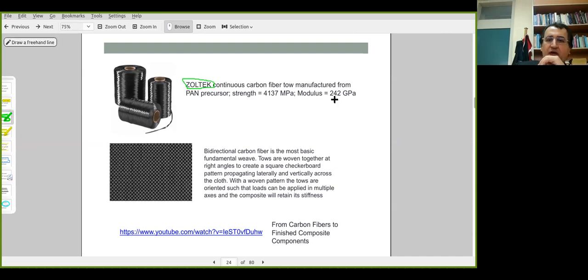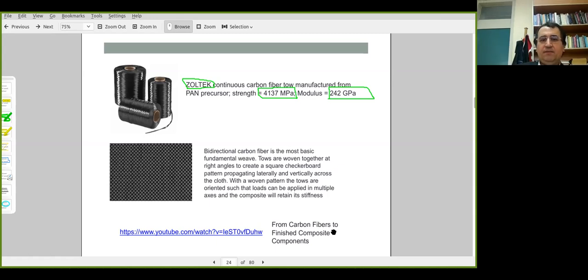So this average value for modulus is commonly encountered, about 250 gigapascals for modulus, and this has an average strength value around 4,000 megapascals. So these are average values.